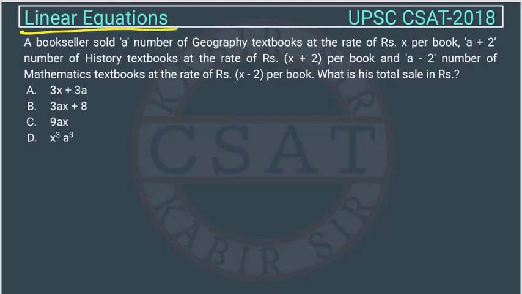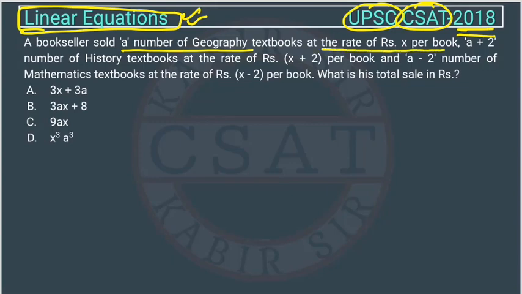This is a linear equation type of question asked by UPSC in their CSAT exam of 2018. A bookseller sold a number of geography textbooks at the rate of X per book.